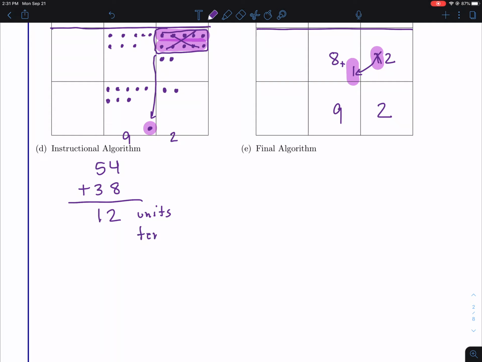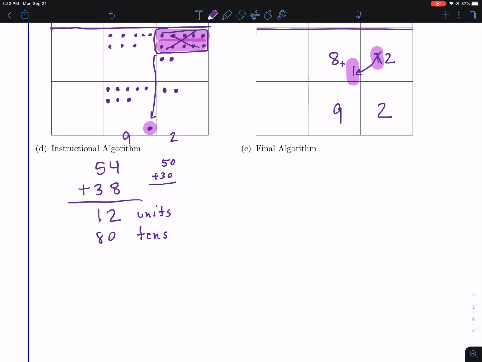Then in the next spot, we add our tens together. Even though we're just adding the 5 and the 3, we want to think of this as 50 plus 30, so that we preserve that unit spot and everything lines up exactly the way we want. So we add 50 plus 30 and get 80, and that's our tens position.